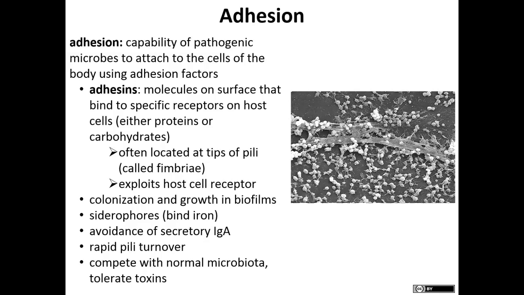That binding can also cause the cell to take in the pathogen. So a lot of the time adhesion and invasion are going to go hand in hand. Once they adhere to a host receptor, that adherence might cause the host cell to change and open up to that pathogen.